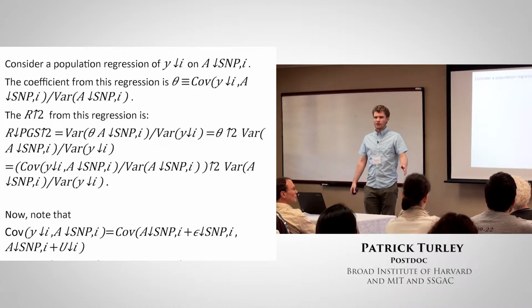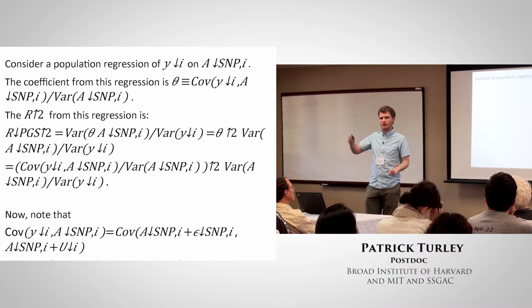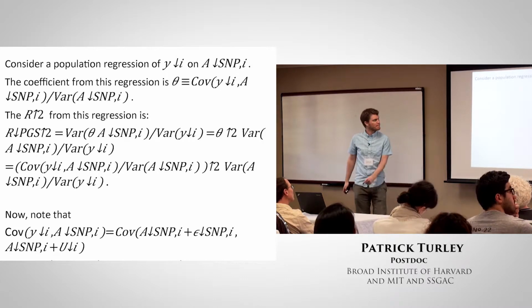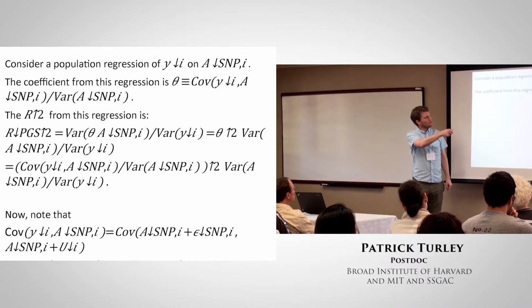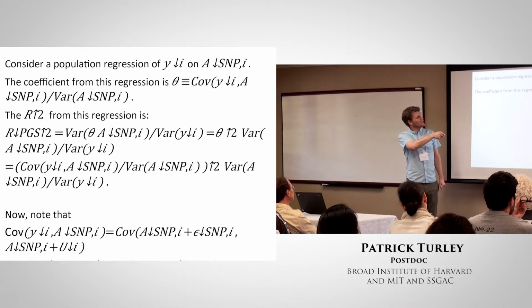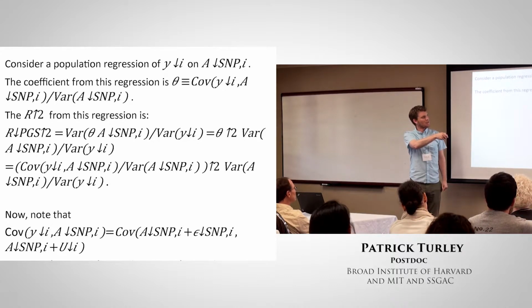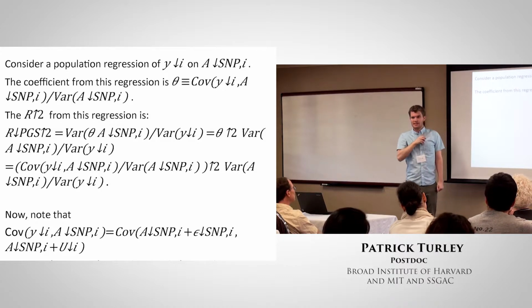Now we want to know how this is going to compare to the maximum amount of heritability that we could have here. Consider a regression of our phenotype onto our polygenic score. This is the estimated polygenic score, not the true thing. The coefficient of this regression, we're going to say is theta. The coefficient of that regression as basic OLS is going to be the covariance between the score and the phenotype divided by the variance of the score.